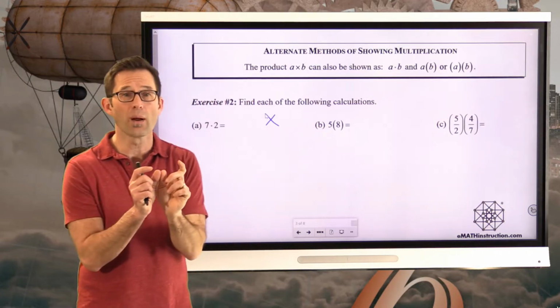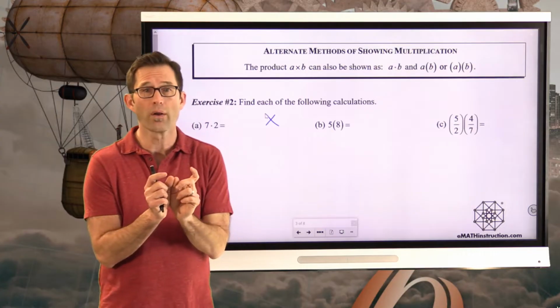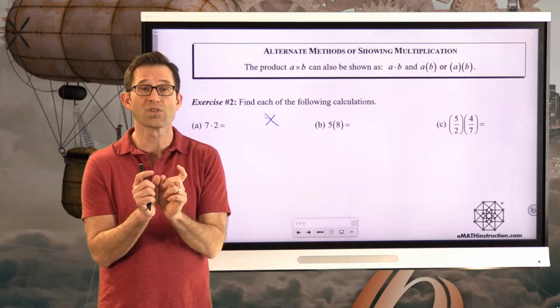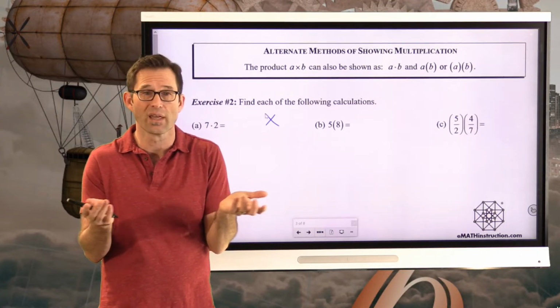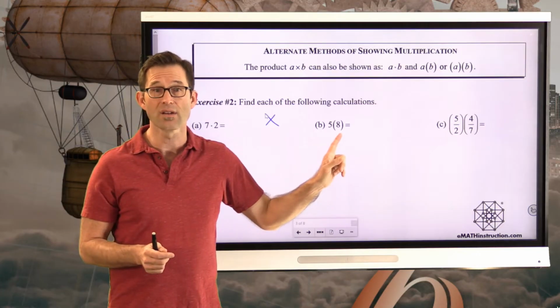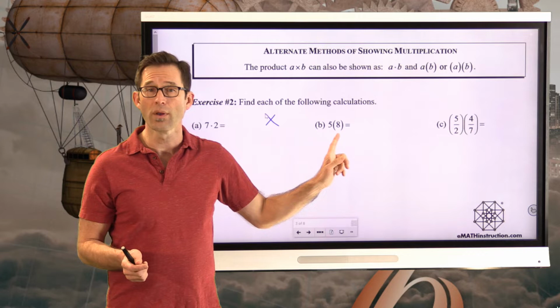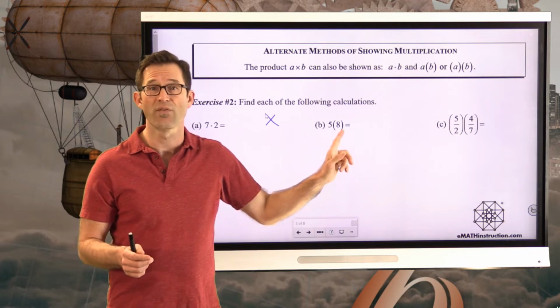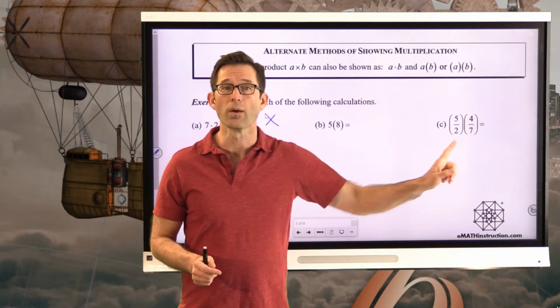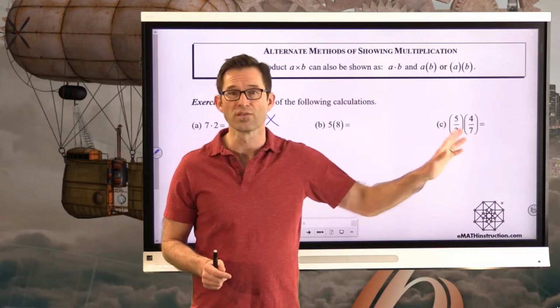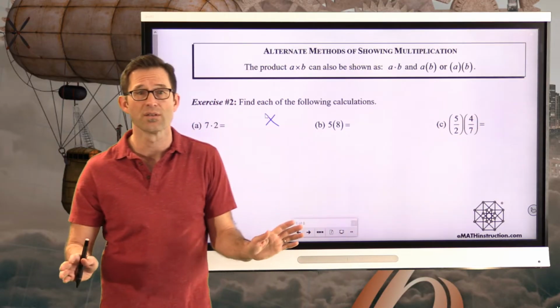But if you see two numbers sitting beside each other, at least one of which has to be in parentheses, otherwise it looks like a single number. Like if that 8 is not in parentheses here, it looks like the number 58. But when the 8 is in parentheses here, it tells us that's 5 times 8. Same thing here, we've got these two fractions. That just means 5 halves times 4 sevenths. That's it.